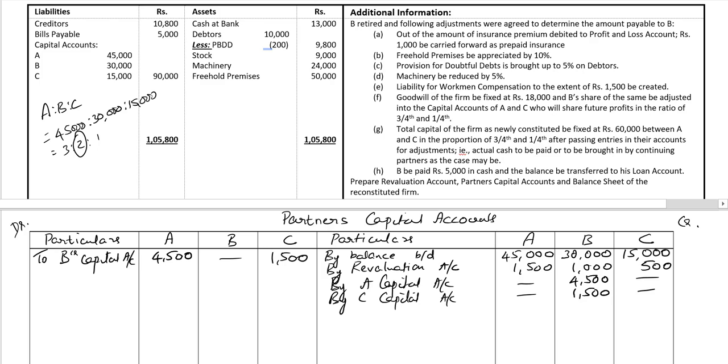We've dealt with goodwill. Let's close the account of the retiring partner. It says B is to be paid 5,000 in cash and the balance to be transferred to loan account. So to bank account, 5,000 rupees, and the balancing figure will be transferred to B's loan account.